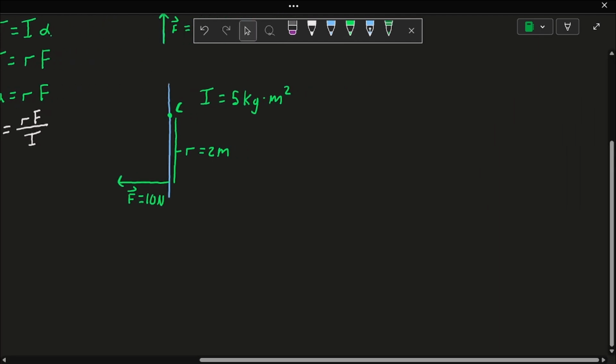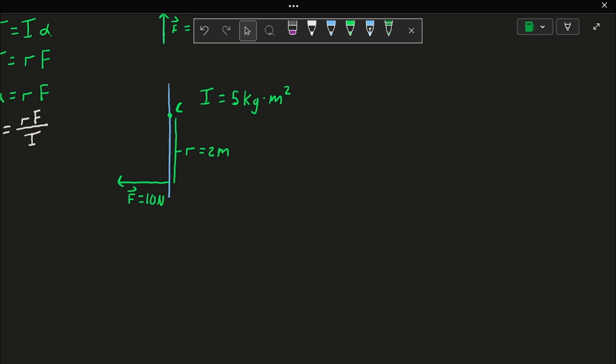So we can use that handy little equation that we derived earlier to say that 2 meters multiplied by our 10 newtons divided by our 5 kilogram meters squared equals our angular acceleration.